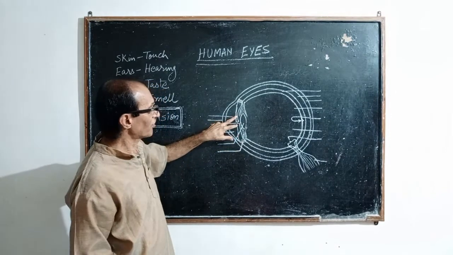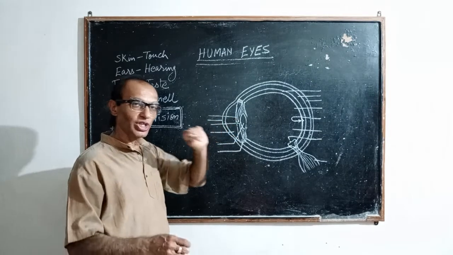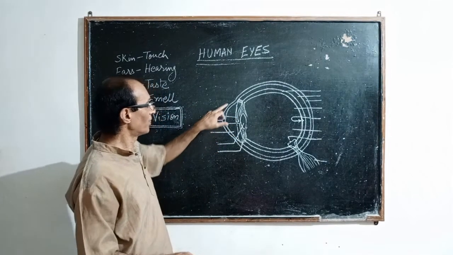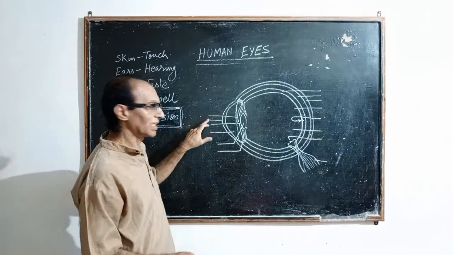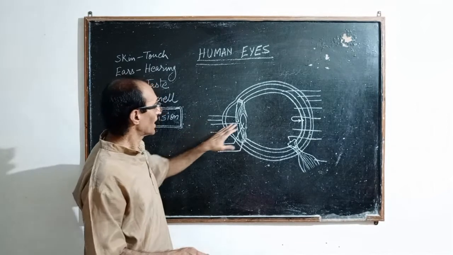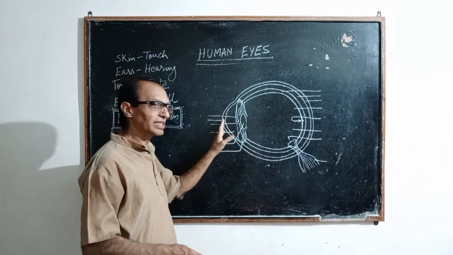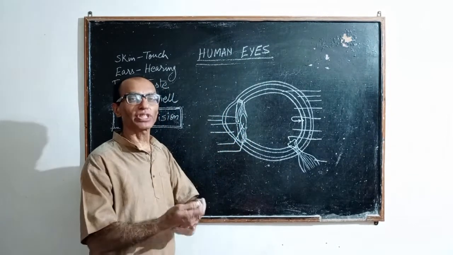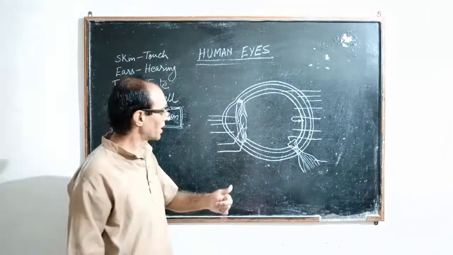Then right in front of this lens we have this iris. In the iris, there is a hole in its center that is referred to as the pupil. This is a protrusion of the sclera that is called the cornea, and the chamber in front of the lens and behind this cornea is referred to as the aqueous chamber, which contains watery fluid, that is aqueous humor.